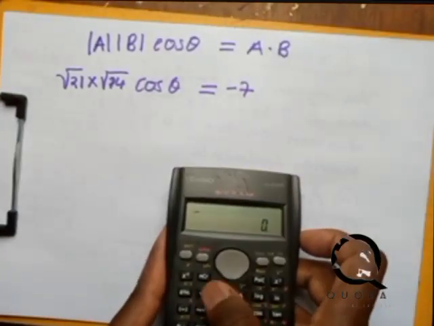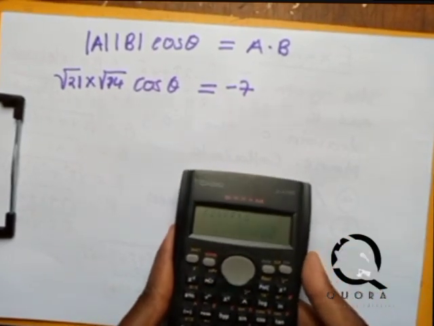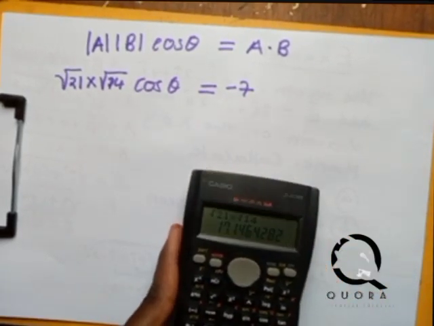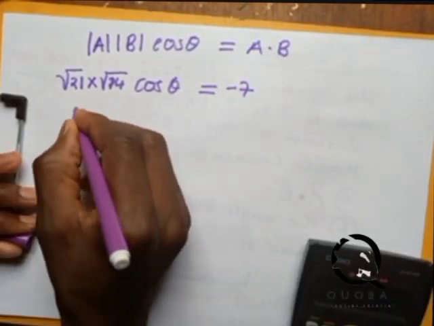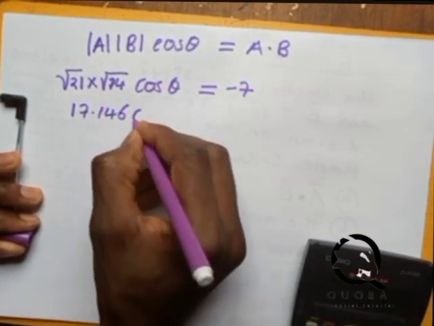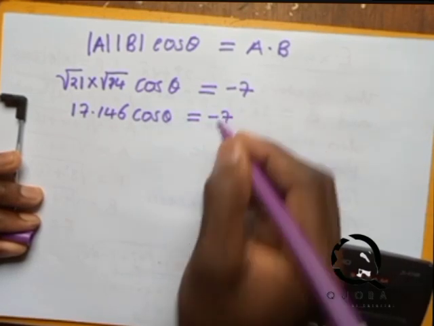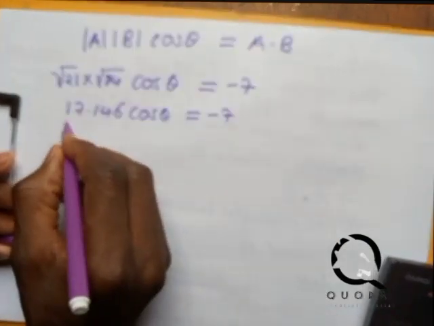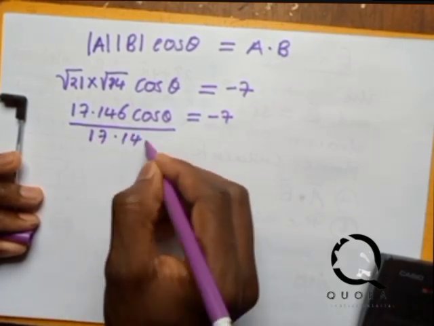So I'll start with the root of 21 multiplied by the root of 14. We are getting 17.146. So here we are having 17.146 cos theta equal to negative 7. So we are going to divide throughout by 17.146.